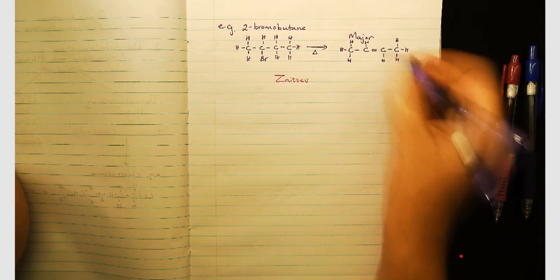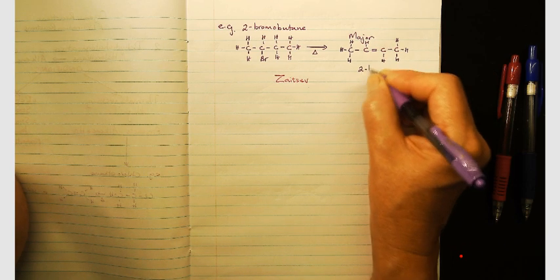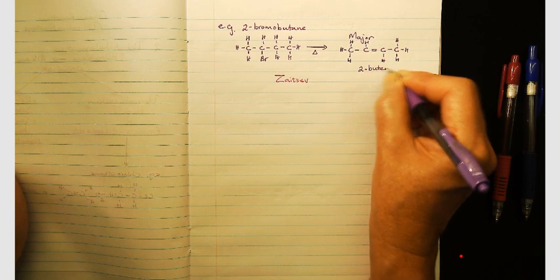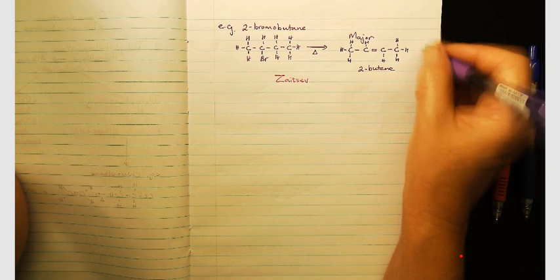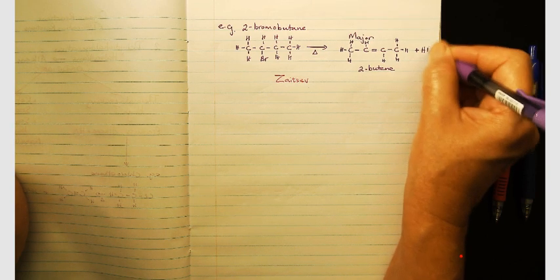So this is 2-butene, the most common, and because of thermal cracking, hydrogen bromide will form here.